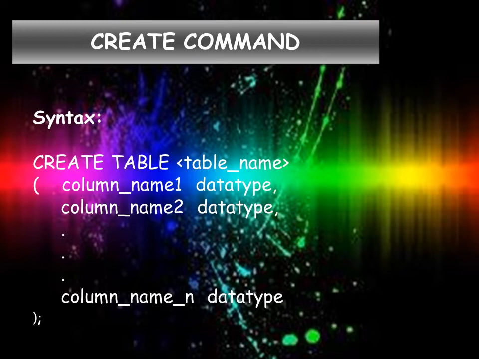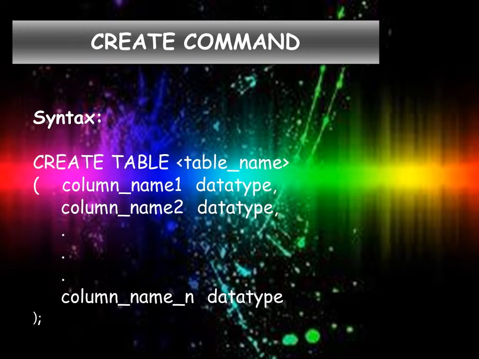Why column name n? Because the number of columns you want in your table, you have to define inside the create table command. Table name will be the name you want to give to your table. Column name will be the name of the field or column you want to define.